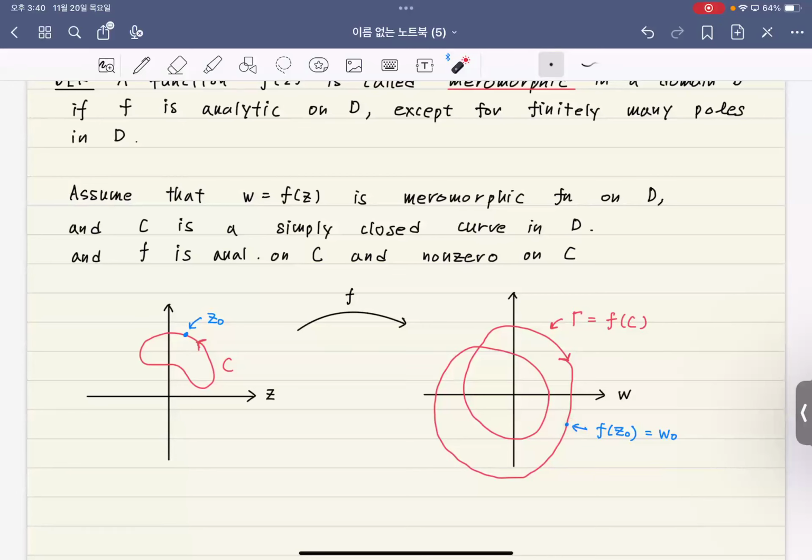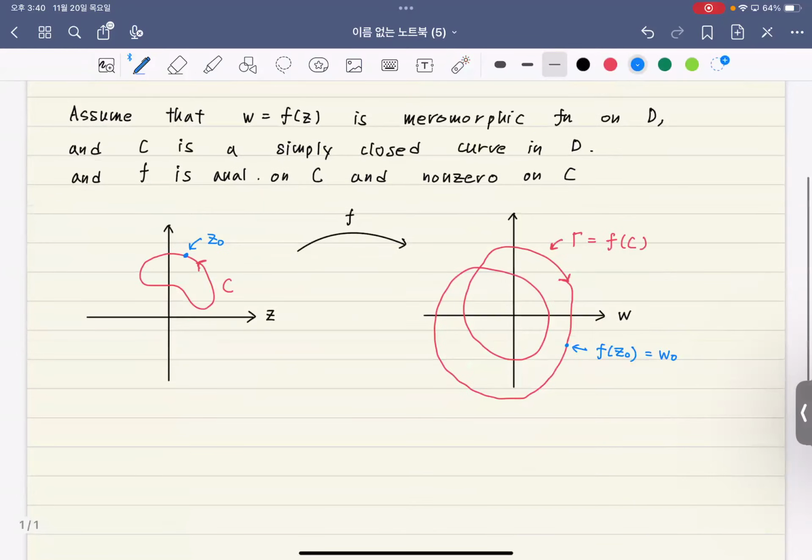Just one more time. What I want to do is consider phi 0 to be just any value of the argument of w0. The argument is not well defined; it is always defined up to an integer multiple of 2 pi.